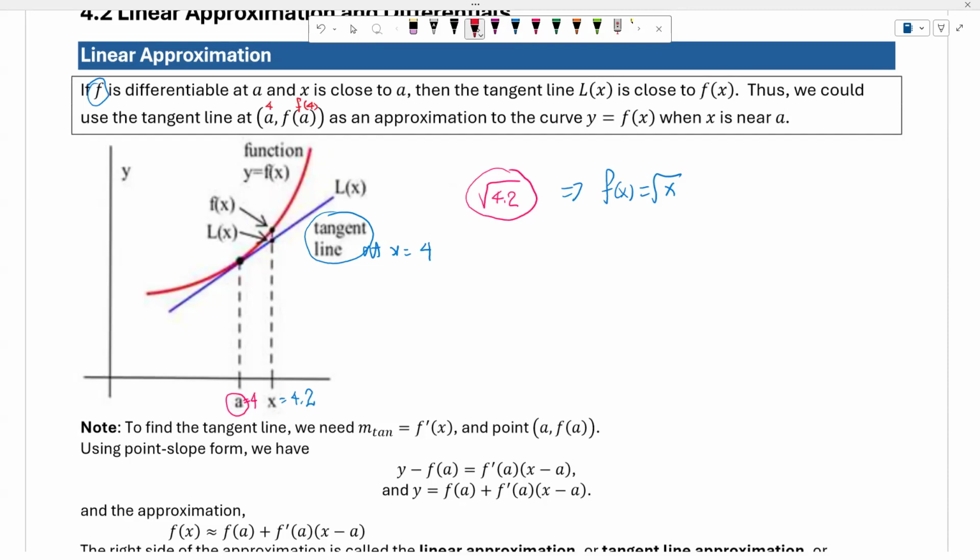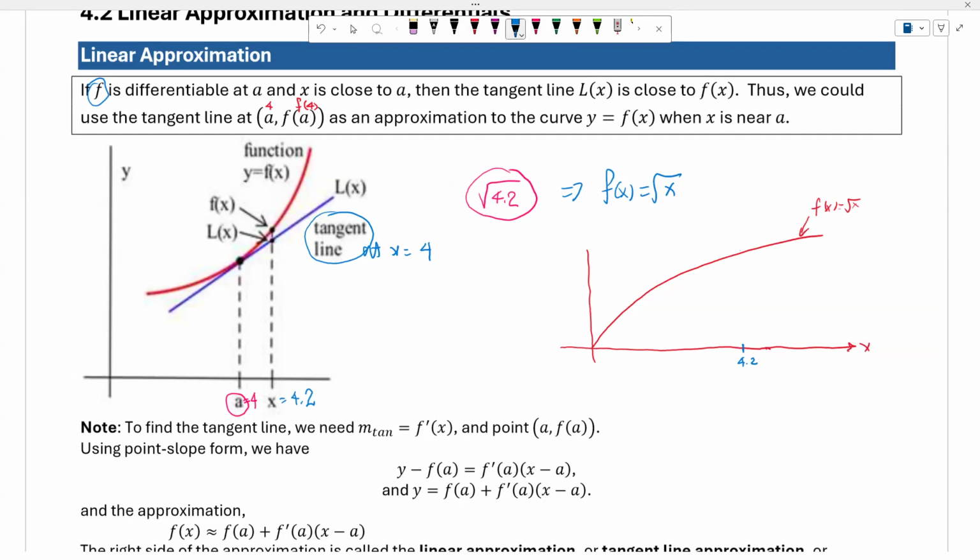Let us draw the function. This will be f of x equal to the square root of x, and the 4.2 is here.